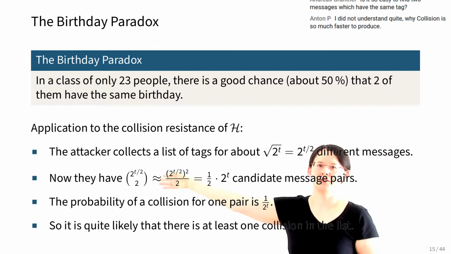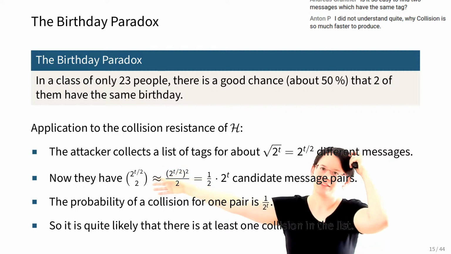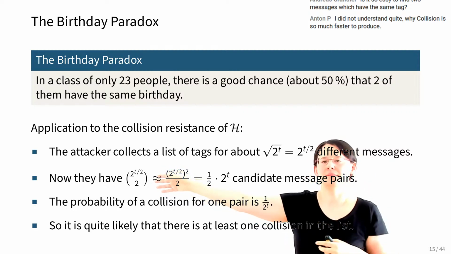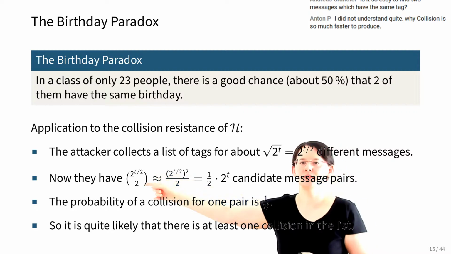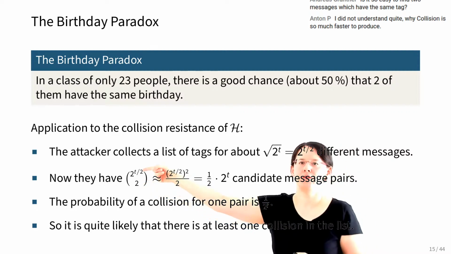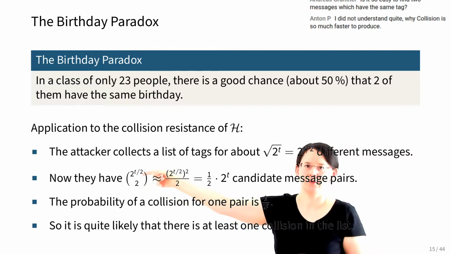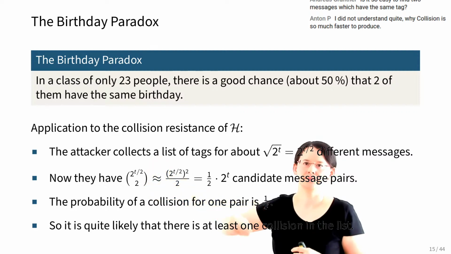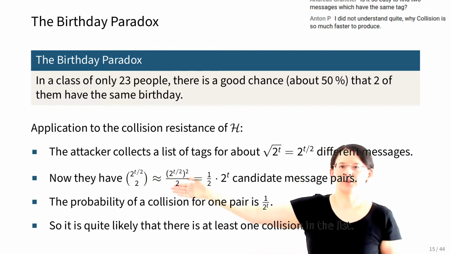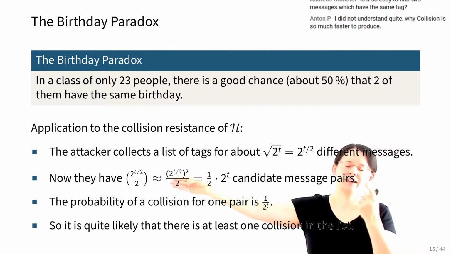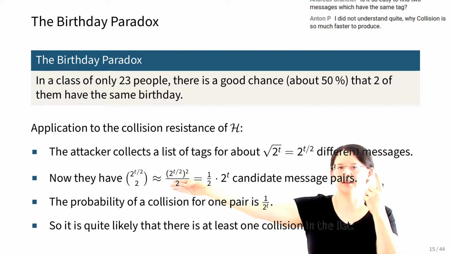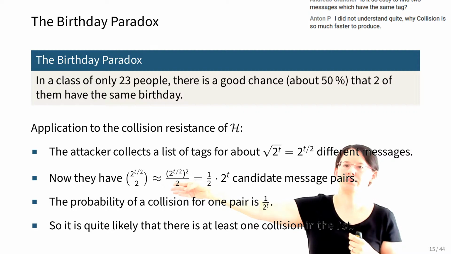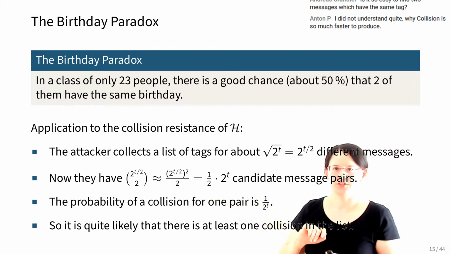So to remind you of this notation, this binomial notation, this is the number of options how you can choose this many values from this many values, which is why the English name of this thing is n choose k. So there are this many pairs, so any two people you can select from, or any two tags you can select from this set here, gives you a possible candidate pair that could potentially have a collision.